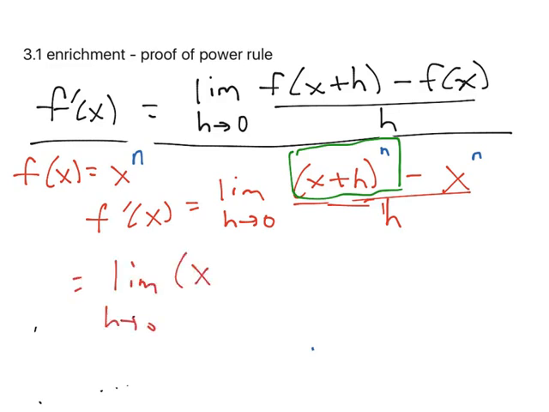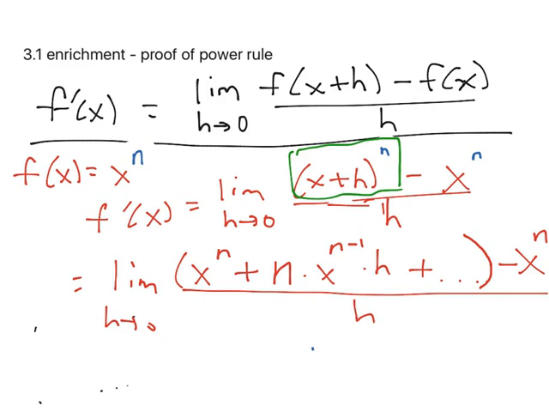And we know this is x to the n power plus, remember, the coefficient in the second term is always just n, times x to the n minus 1 power times h, and a bunch of other terms that we don't care about because we know they'll go to 0, minus x to the n, over h.